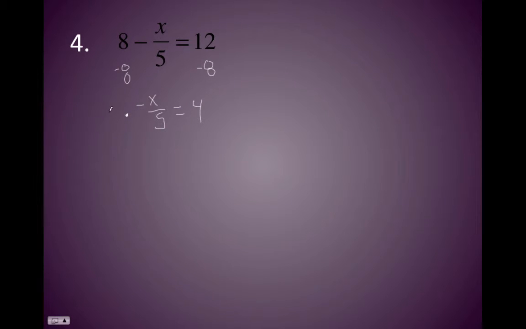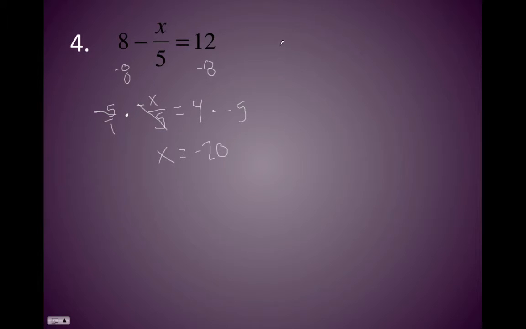We always want to multiply, so we're going to multiply by 5, but we want to get rid of the negative sign too. We're going to multiply by negative 5. That will cancel. We know negative times negative is a positive. And we're left with an x. Don't forget to do it on this side. 4 times negative 5 is negative 20. That should be our answer.